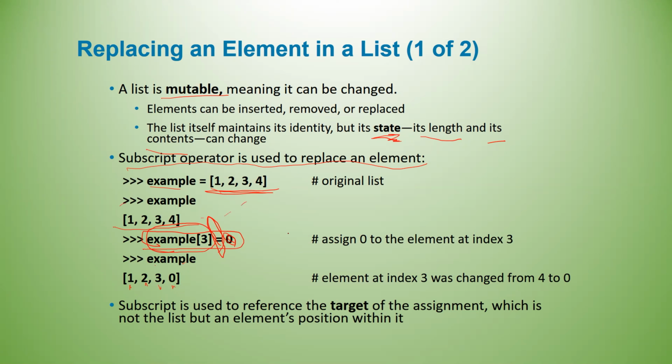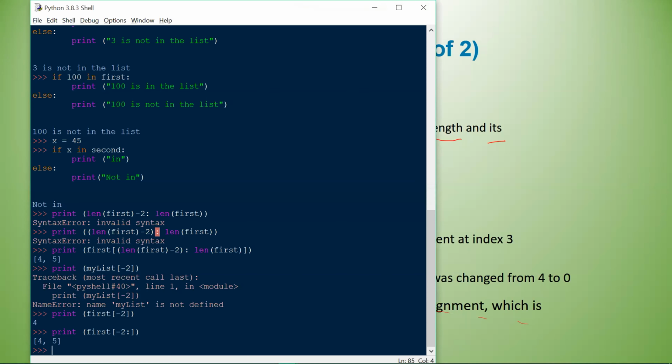Subscript is used to reference the target of the assignment, which is not the list, but an element's position within it. So you are referencing an individual element here. That's how you change things. You just need to remember how to reference it. I can do first subscript 5, that means the fifth element.